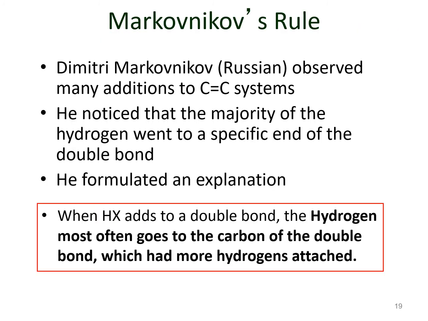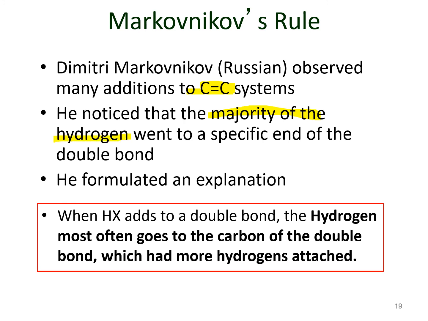So Markovnikov's rule states the following. He was a Russian scientist, though you don't really need to remember that. Anyway, he did plenty of experiments on these double bonded carbon systems, and he noticed that the majority of the time hydrogen went to a specific end.